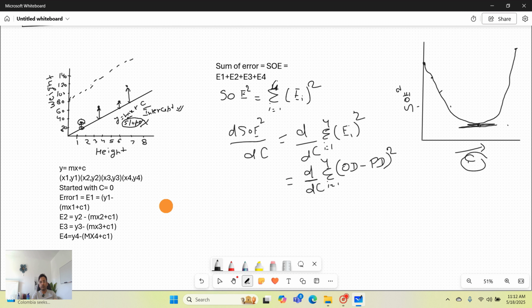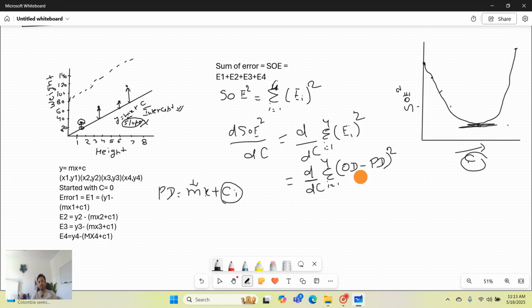So now, what is PD? The predicted value is actually m x plus c. For every point we are changing the c, having m constant as we decided earlier, and we are calculating the value.